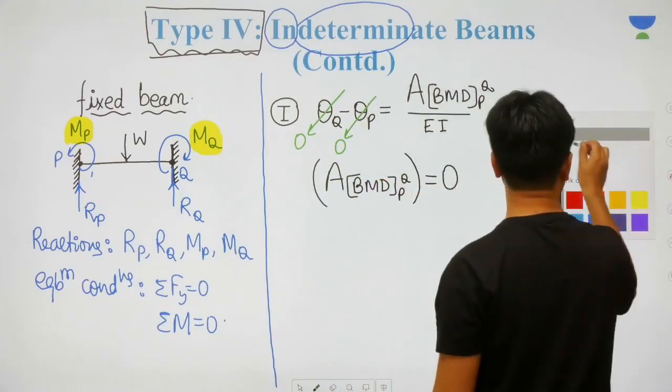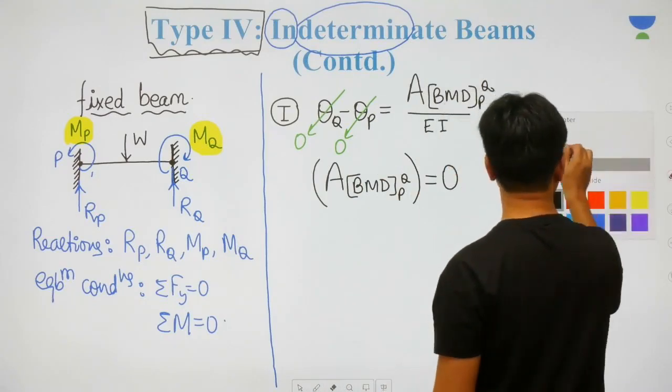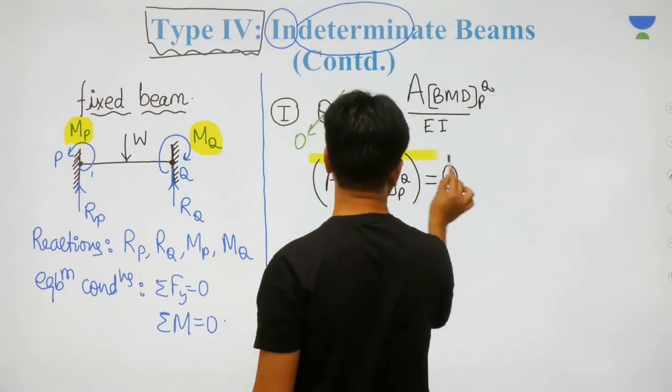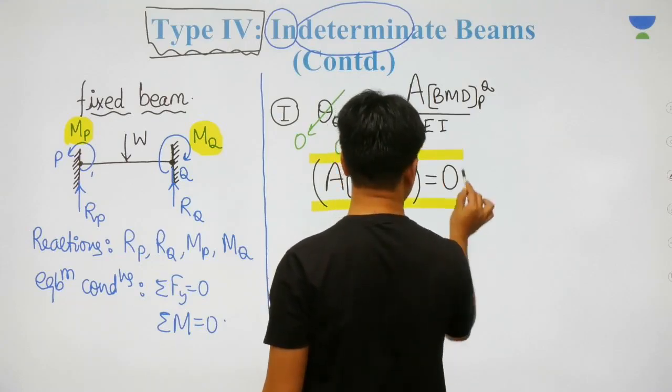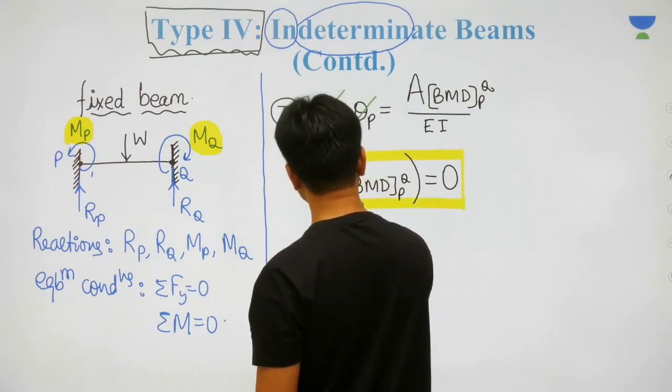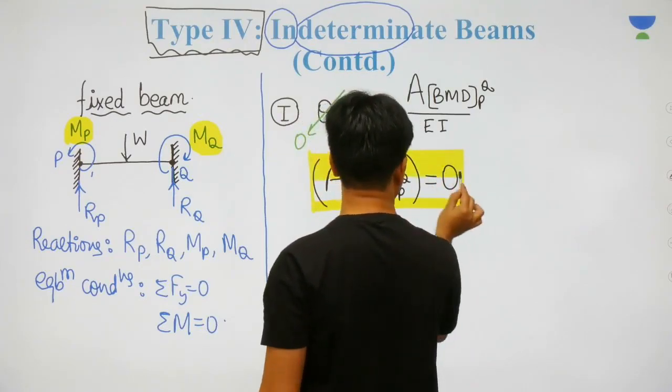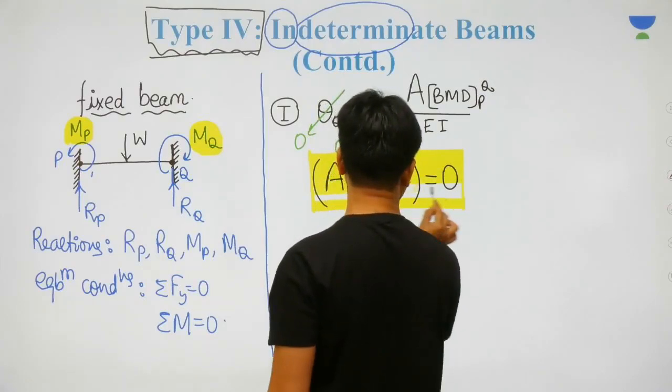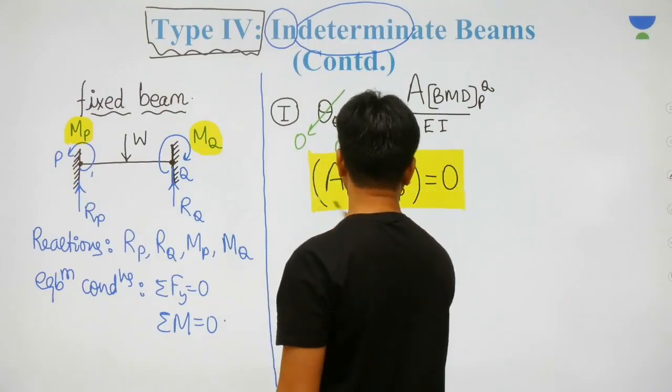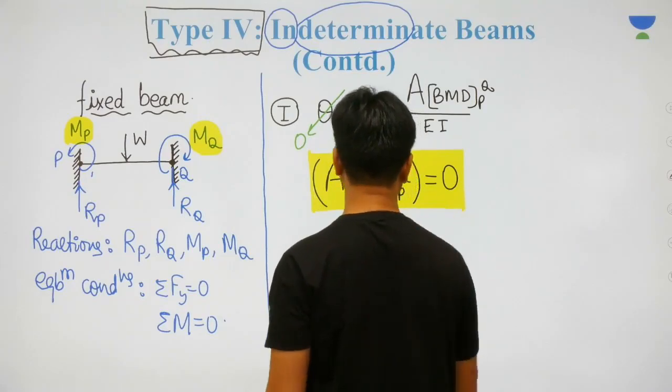This becomes one important condition for solving fixed beam problems. Please keep this condition in mind. This is going to help you in solving any fixed beam problem out there.